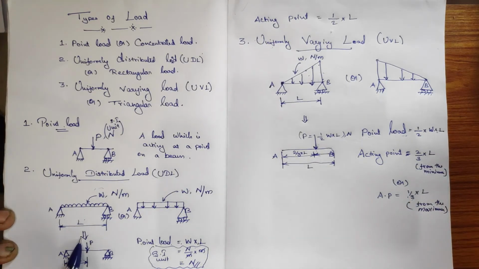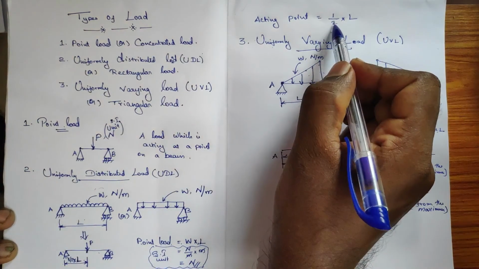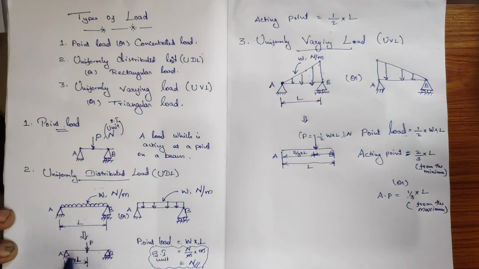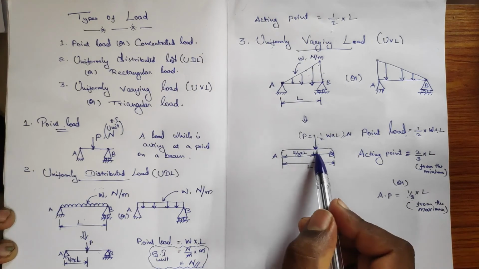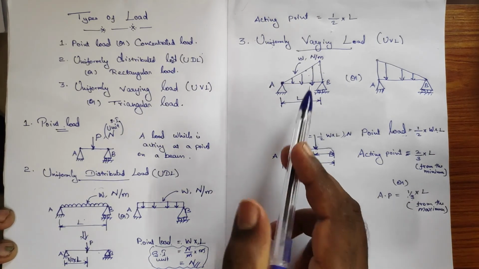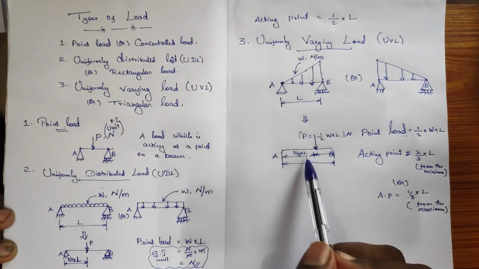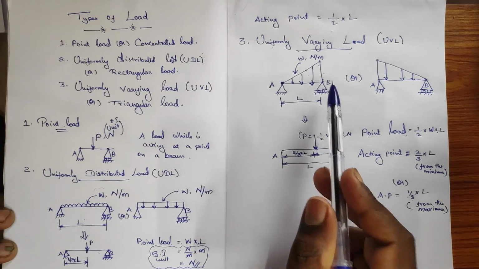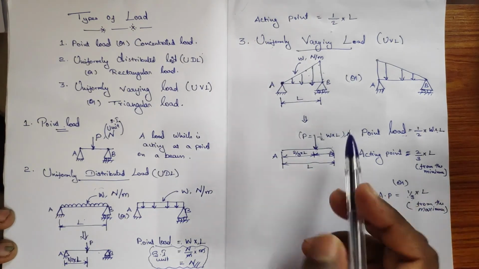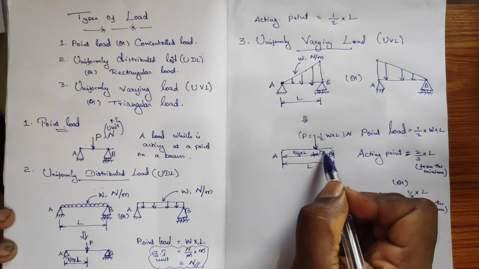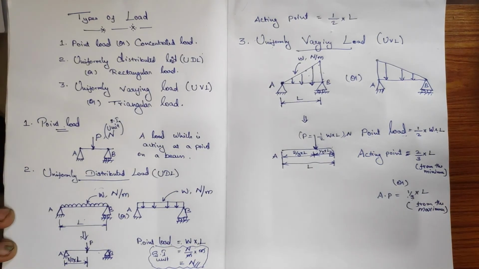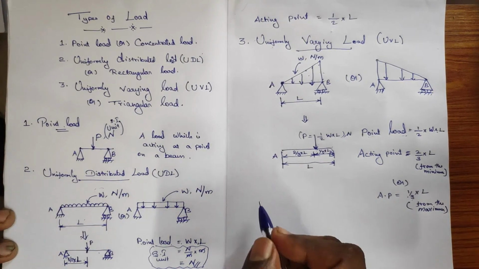Fine. Since the uniformly distributed load is uniform, the point load will act at the mid of the beam. But here the acting point is, when taking from the minimum point, 2 by 3 of its length, and when taking from the maximum point, 1 by 3 of its length. Okay, I hope you understood.